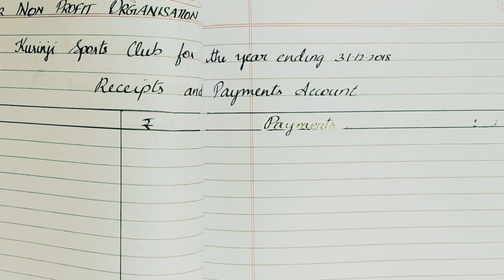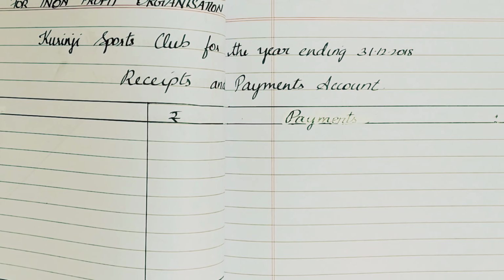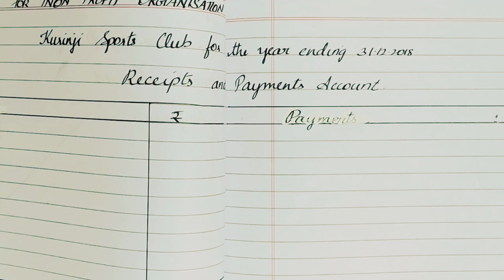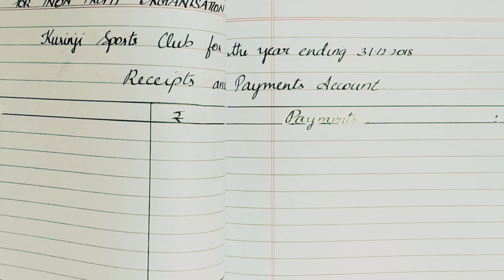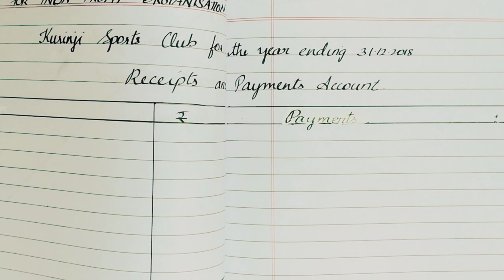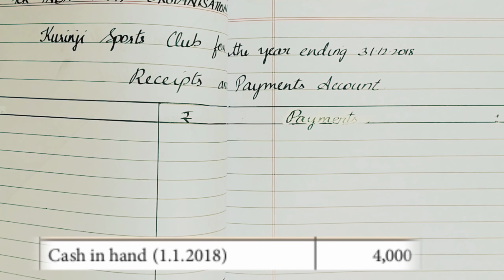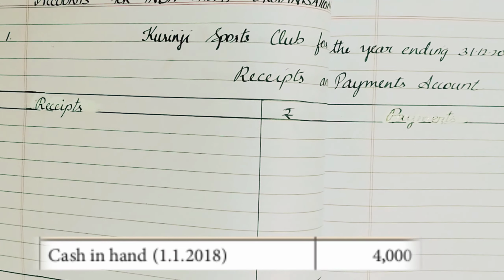When starting the receipts and payments account, you have to look into the problem for a cash balance. They'll give you an opening balance and you have to find a closing balance. Now in our problem, they've given cash in hand on 1/1/2018. So there's an opening balance already in the account.